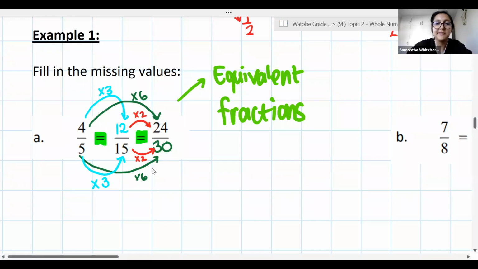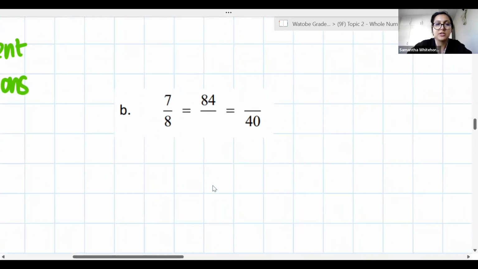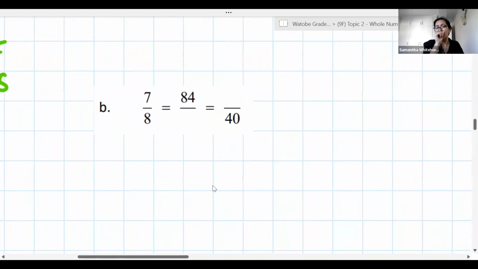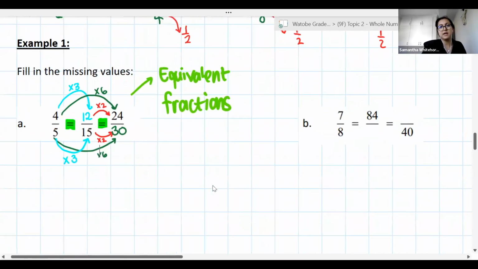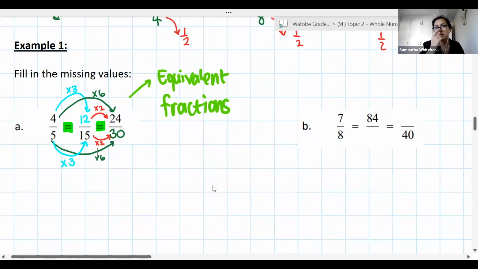Doing really nicely. Okay, let's have a look at B. So I want you to try B for me. What I'll actually do is I will leave that up just so that you can see what's happening, just in case you need some help. So guys, remember, what we're wanting to do here is we're wanting to get equivalent fractions.